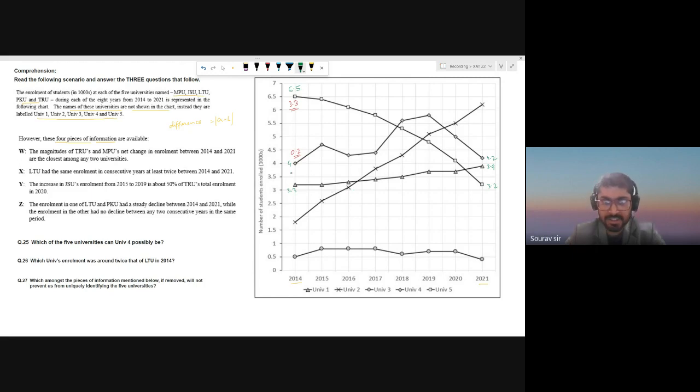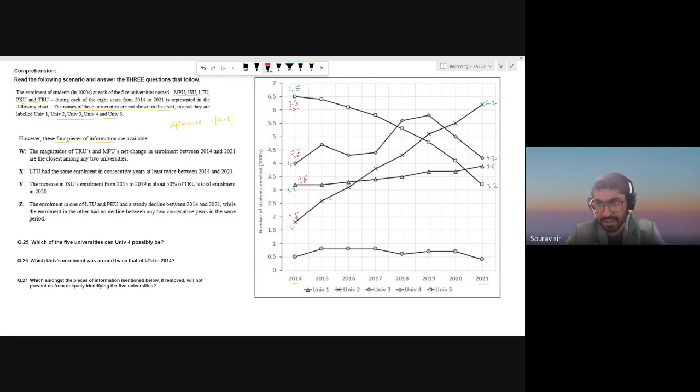So the change is 0.6. Then this graph, we started around 1.7 and we end up at around 6.2. So the change is 4.5.